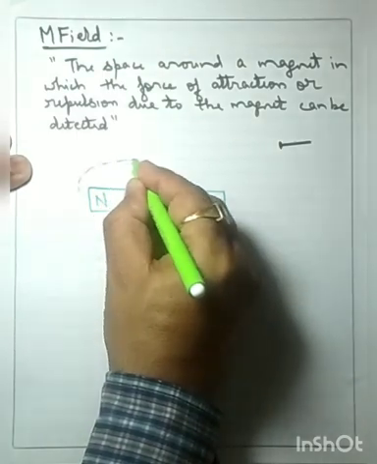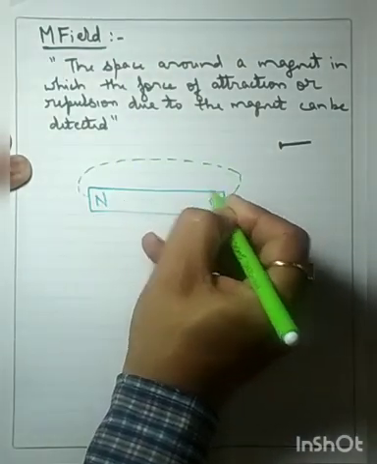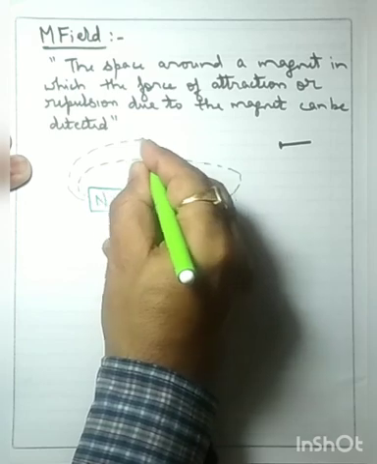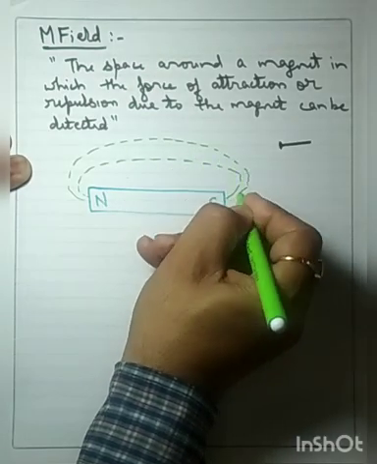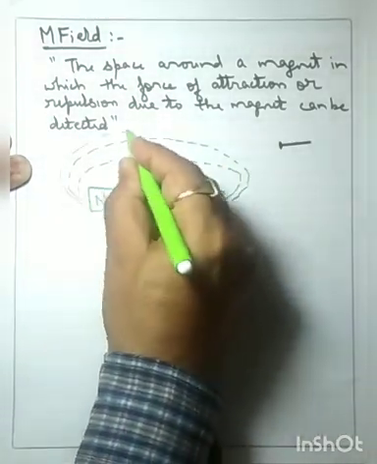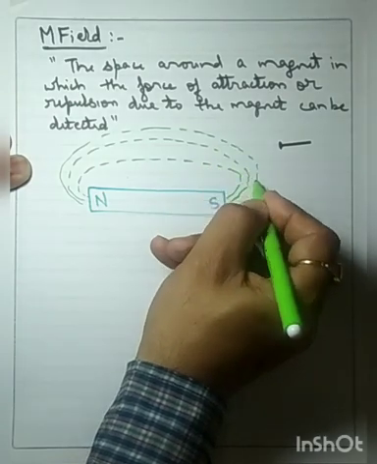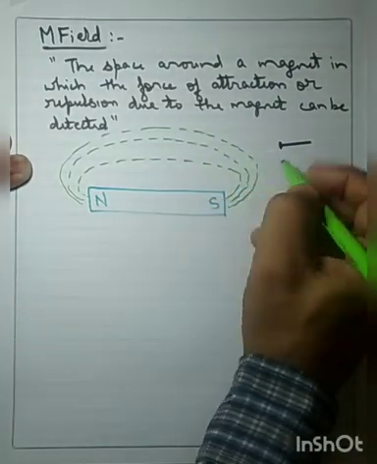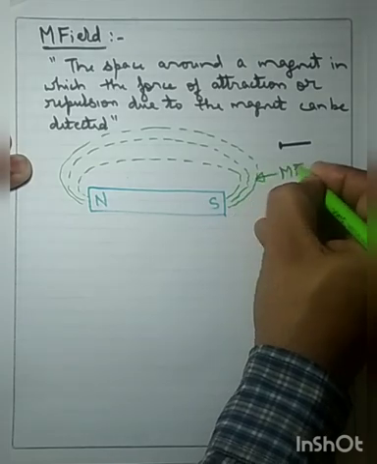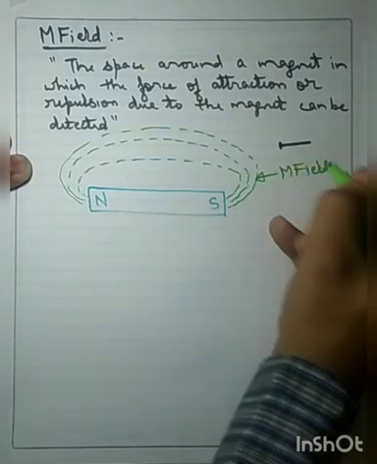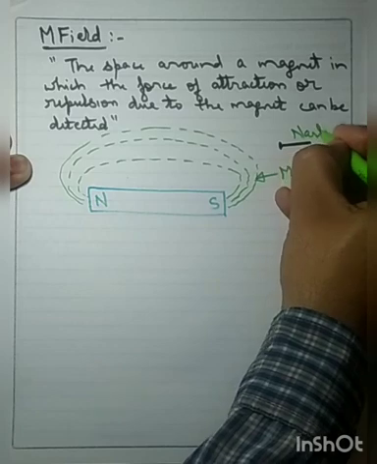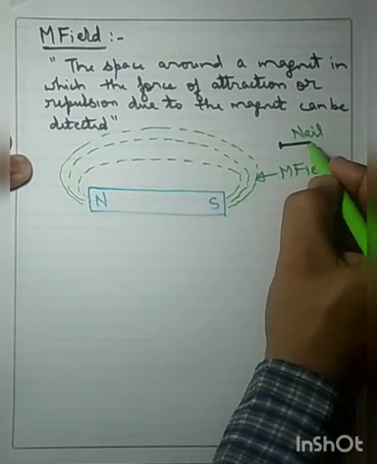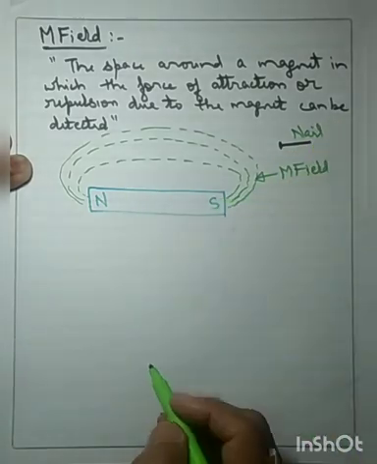Suppose this magnetic field is represented in the form of a curve like this. So it is clear by the diagram that this nail is away from this magnetic field. So that's why this nail will not be attracted towards the magnet.